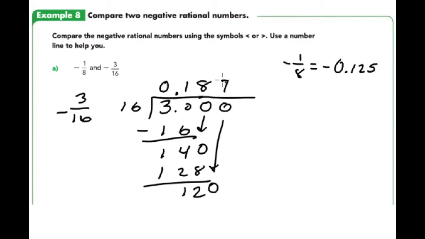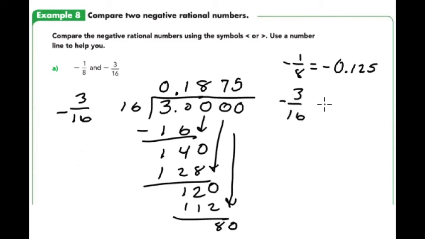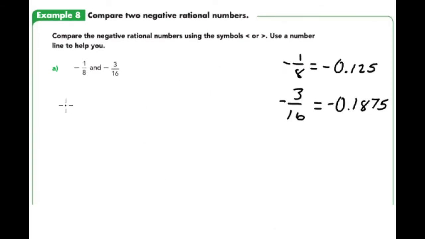And when we multiply here, 7 times 10 is 70, and 7 times 6 is 42, so that would give us 112. And then we're left with 8, which becomes 80, and 16 goes evenly into 80 5 times. So we would stop there. This is terminating. And we would say that a negative 3/16 is equal to a negative 1,875 ten-thousandths.